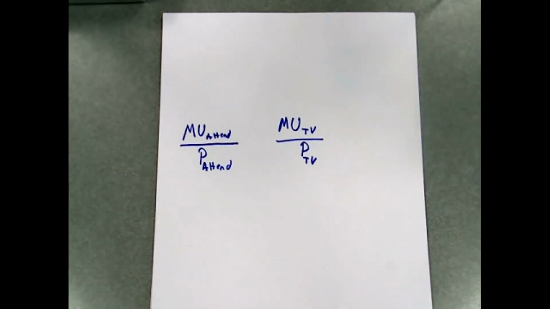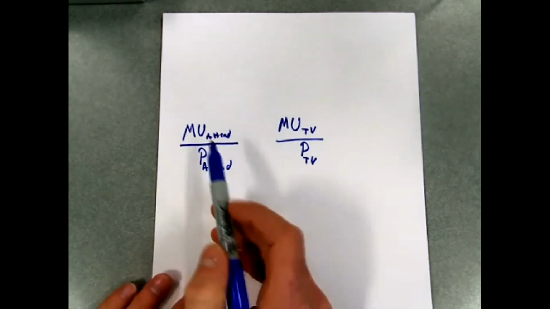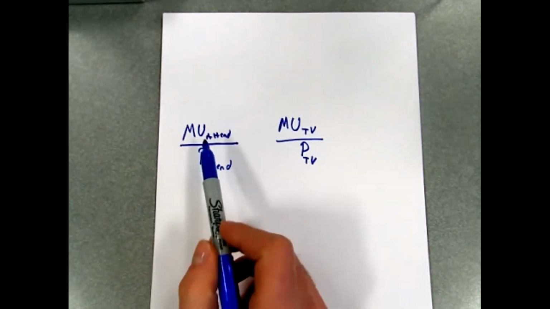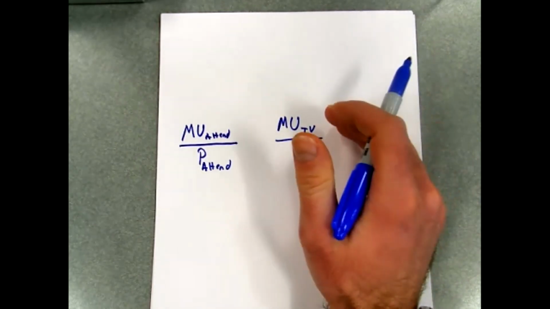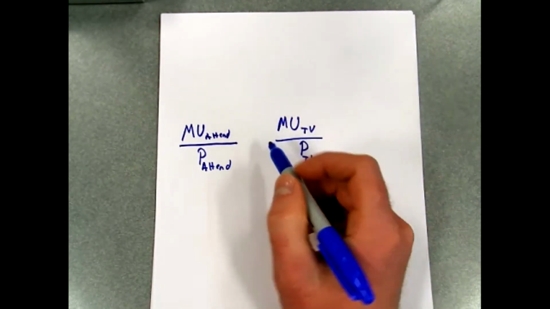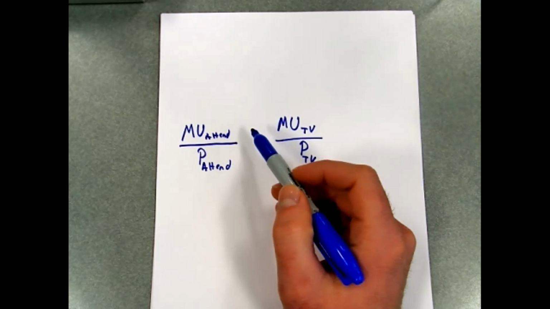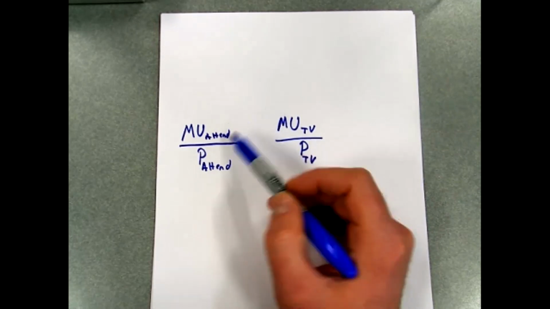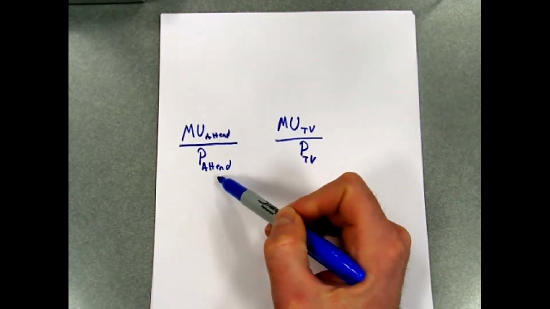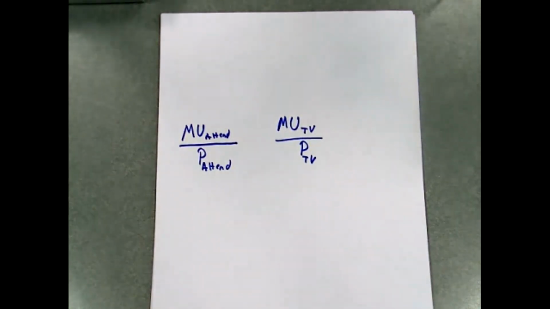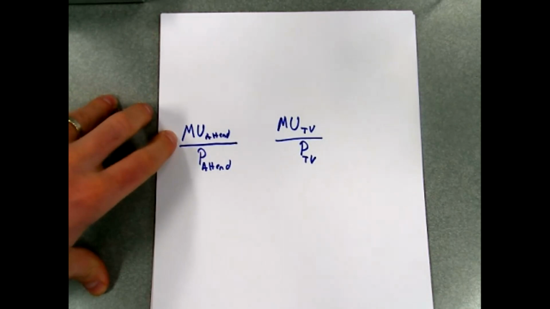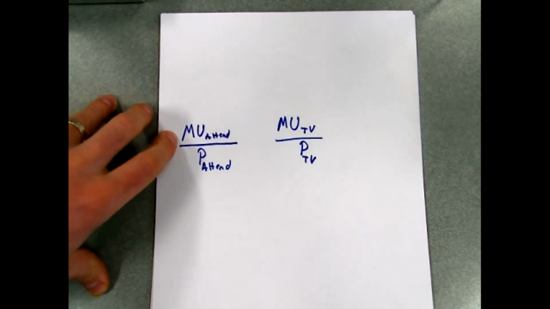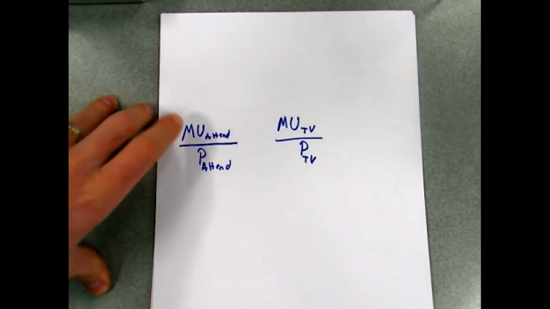Utility is a little more of an abstract term, but the marginal benefit or marginal utility that you get from attending the game and the marginal utility you get from watching the game on TV, you'll choose the one where the additional utility you get per dollar you spend is greatest. Essentially, where am I getting the most bang for my buck, right? The largest amount of additional benefit or additional utility from each dollar I'm spending, okay?